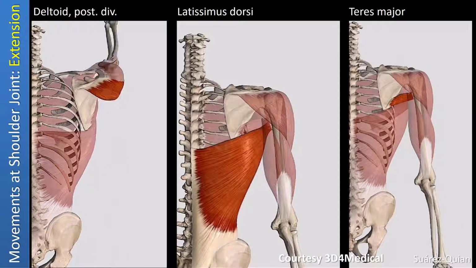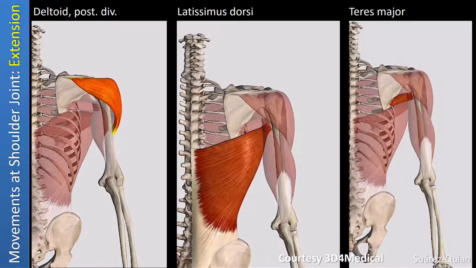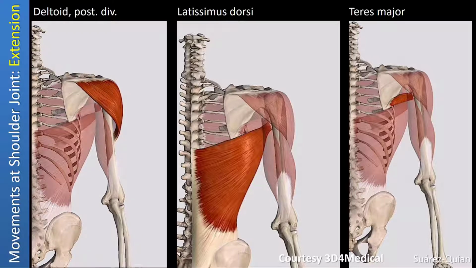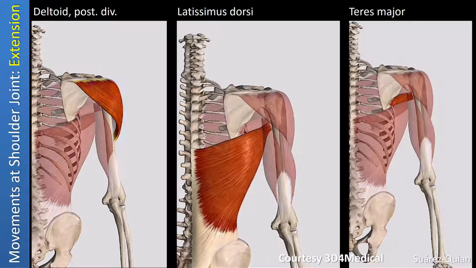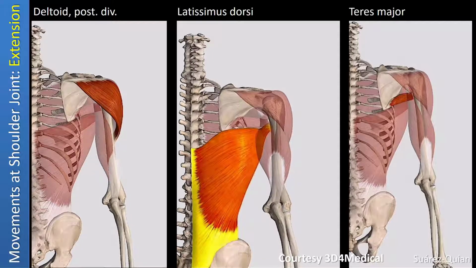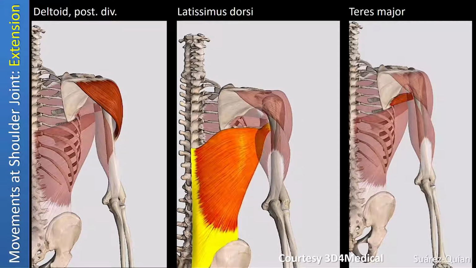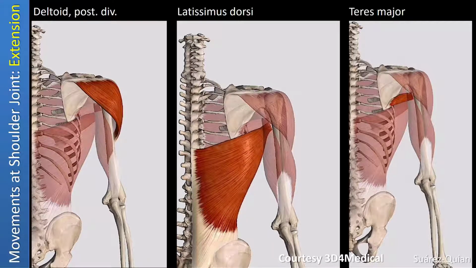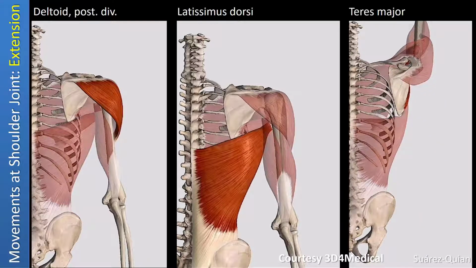The posterior division of the deltoid, latissimus dorsi, and teres major, meanwhile, cause extension.